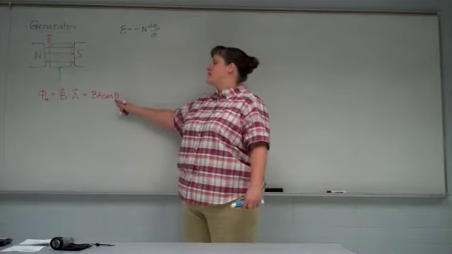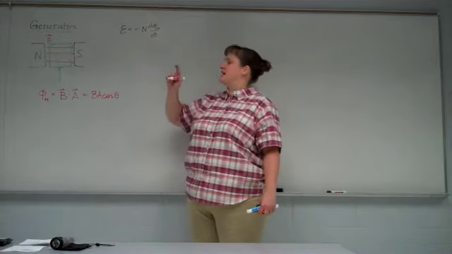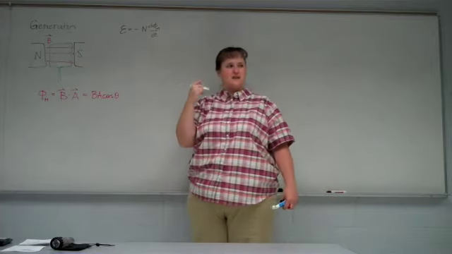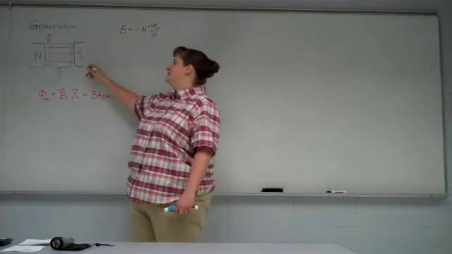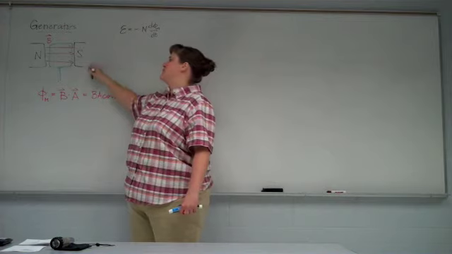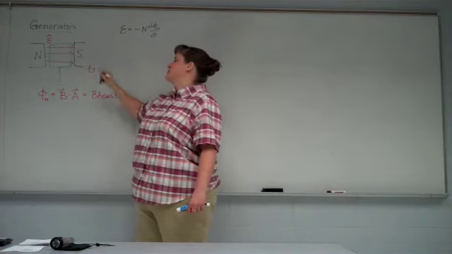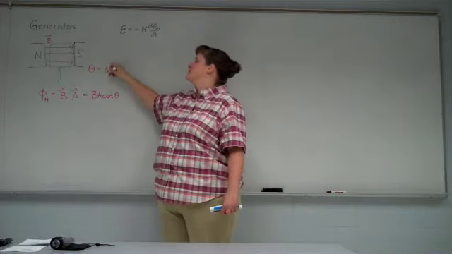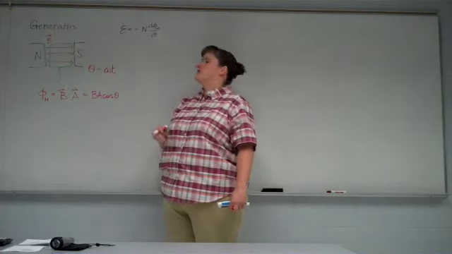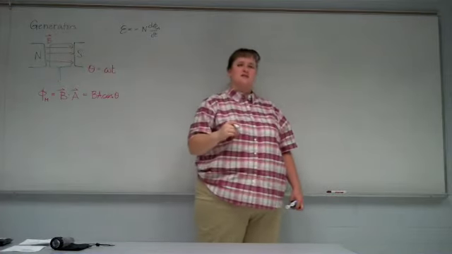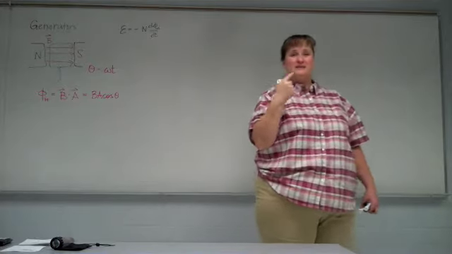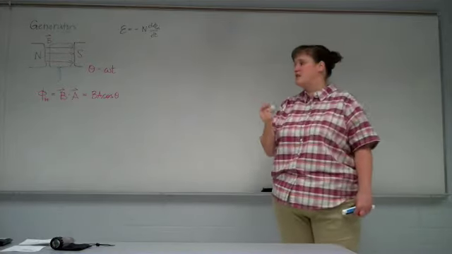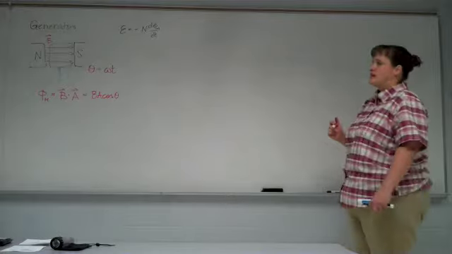This angle is directly related to how fast the coil is spinning. It's been a while, but if you remember rotational motion, we have kinematic equations. Assuming it's rotating at a uniform rate, theta would simply be omega, the rate at which it's rotating in radians per second, times the time.